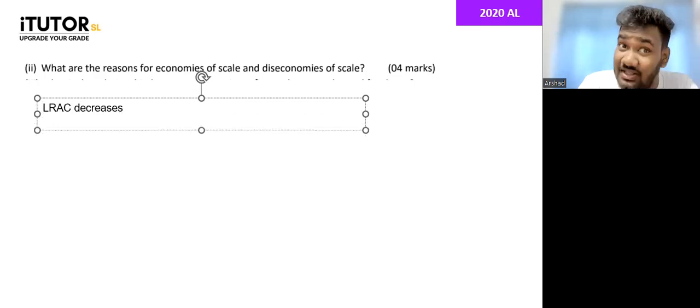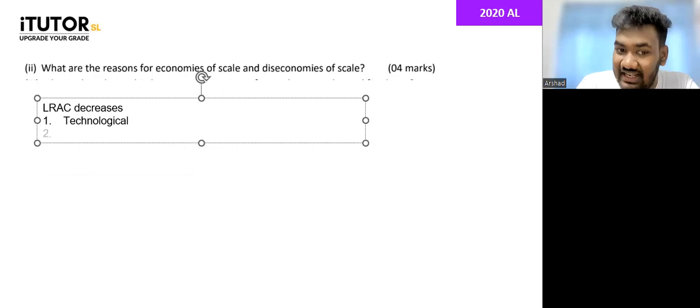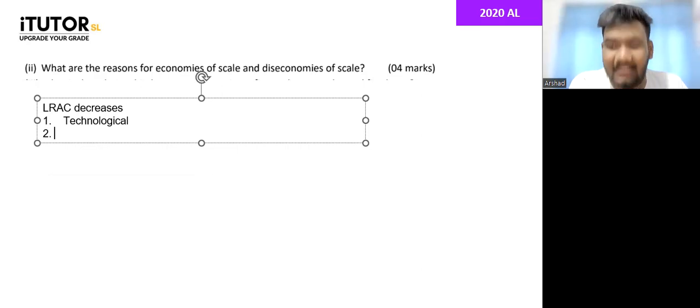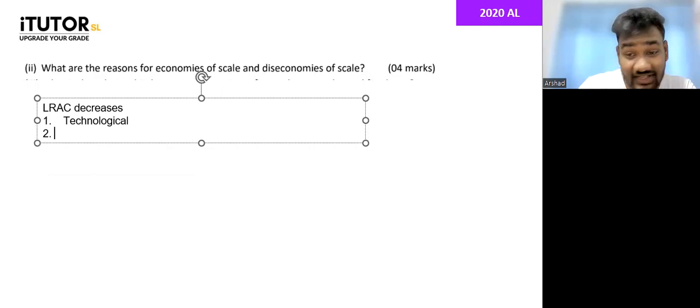This is called economies of scale. Then what are the reasons that we had? We had technological efficiencies, we had managerial efficiencies. I'm not going to type everything, guys. You had technological, you had marketing, you had managerial. You had all of that. That part we have discussed.